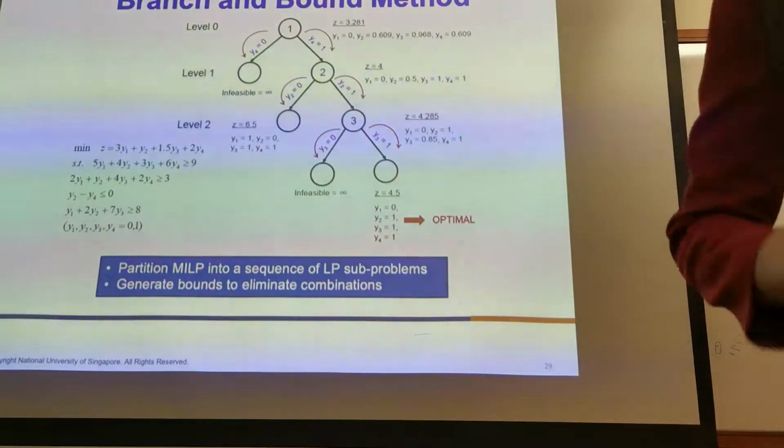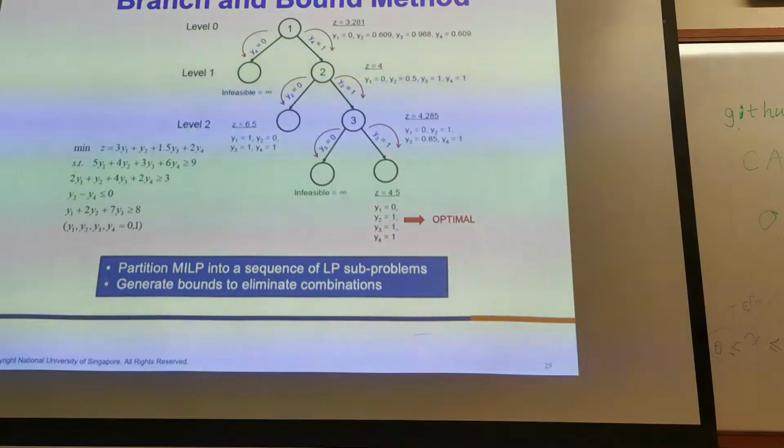So this is another, deeper tree, where we see a specified minimization problem with y1 to y4. So it's 4 decision variables, and I have a set of 4 inequality constraints. So it seems quite complex. And I have y1 to y4 being 0 or 1.